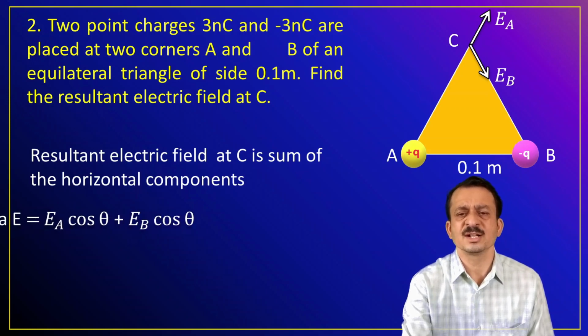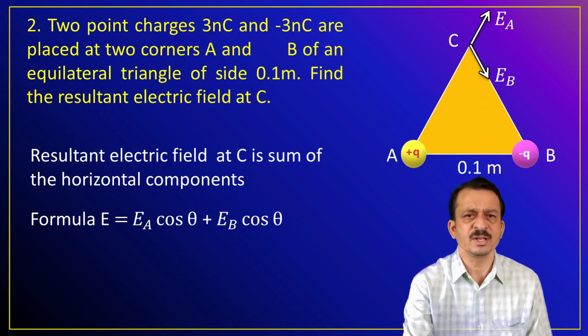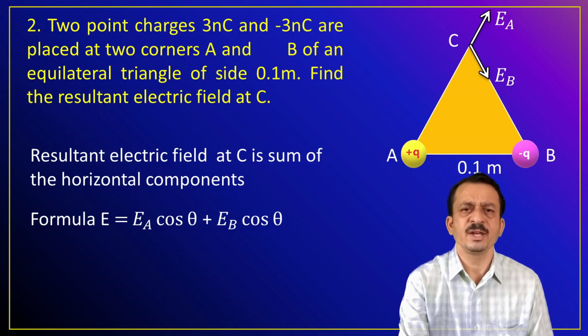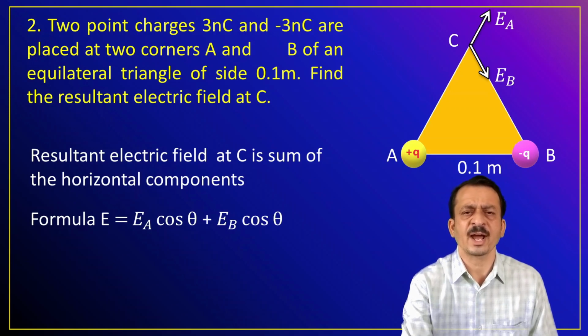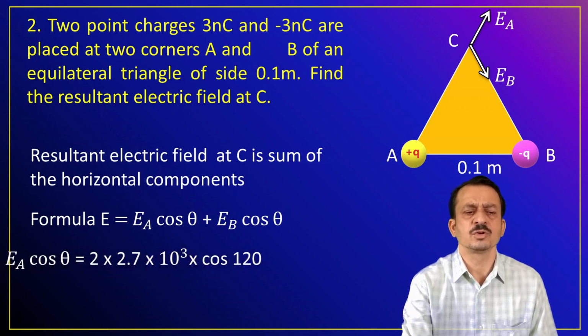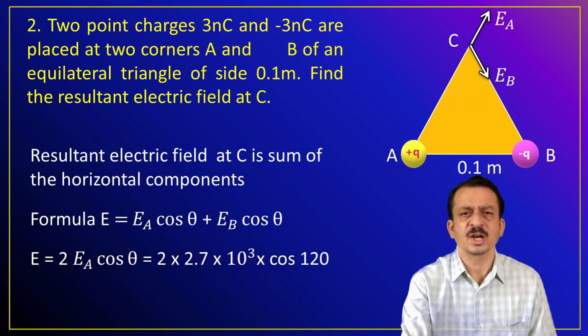Therefore, the resultant electric field becomes EA cos theta plus EB cos theta. Here EA and EB are equal in magnitude, therefore we can add them. The field is found to be 2 EA cos theta.